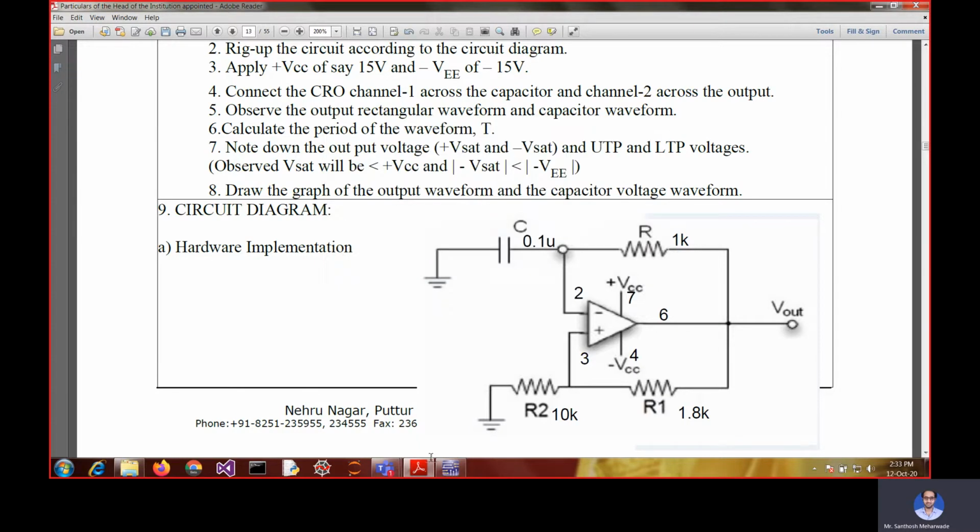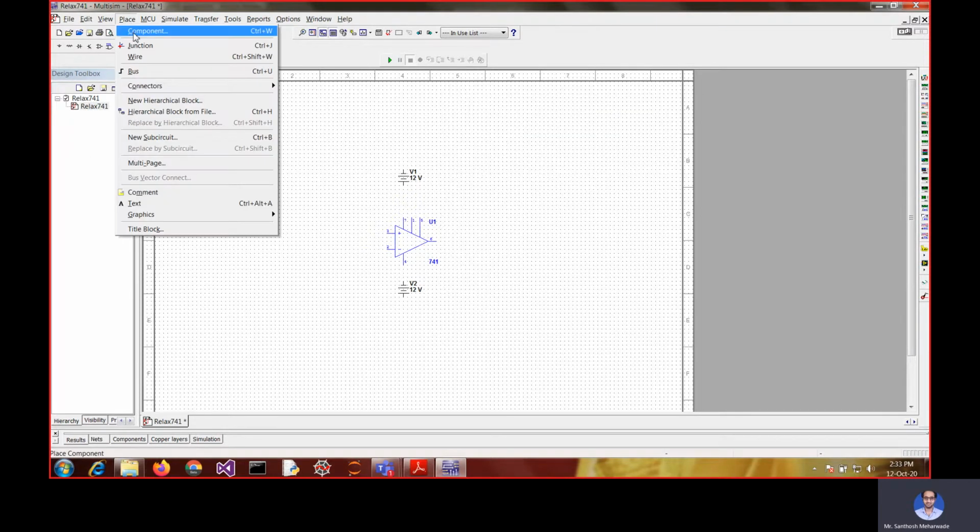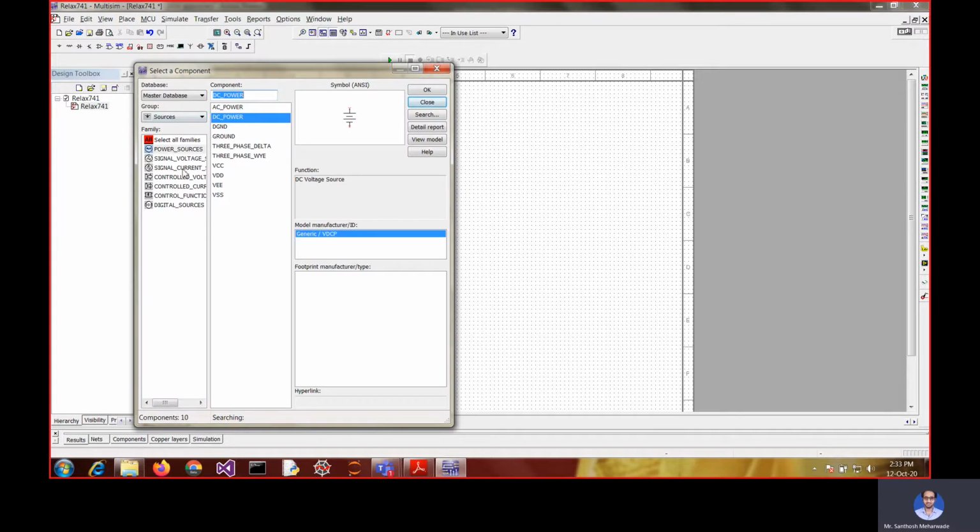So next I'm going to click on this. Here near pin number 2, I'm going to go to the place menu, and here I will select component. In the component, I am going to use basic.